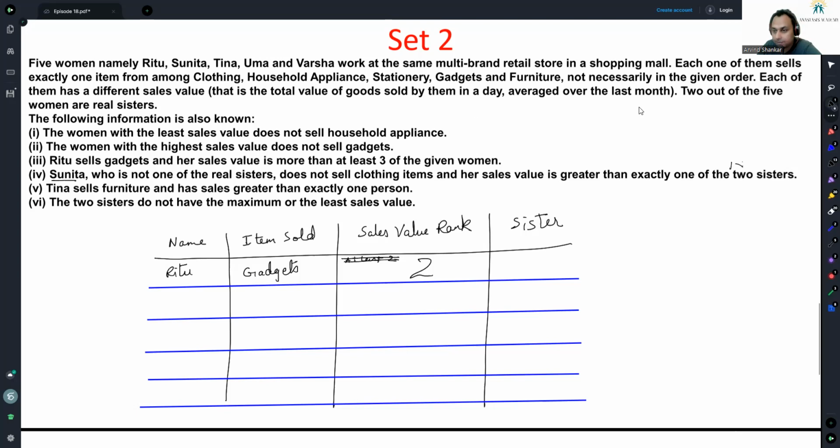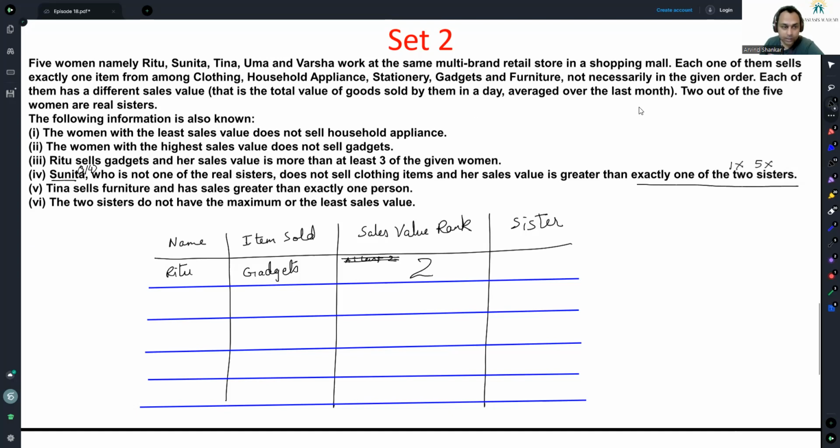She cannot be rank 1 and she cannot be rank 5 because her sales value is greater than exactly one of the sisters. Because it is greater than exactly one of the sisters, one sister will be ahead of her and one sister will be below her. So Sunita's rank has to be 3 or 4.